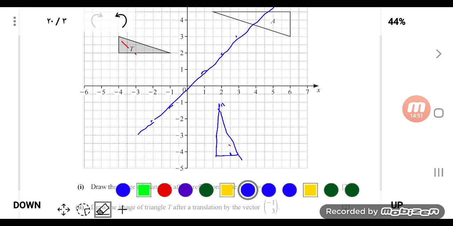Here you have to pay attention. This distance should be equal to this distance, and this distance should be equal to this distance, and so on. So that is the reflection.